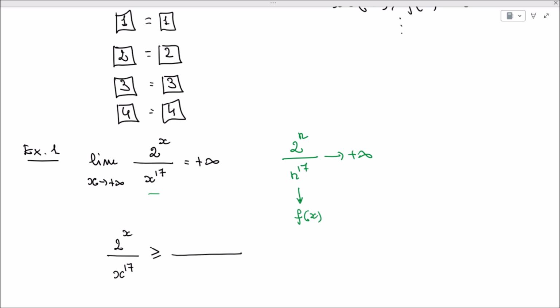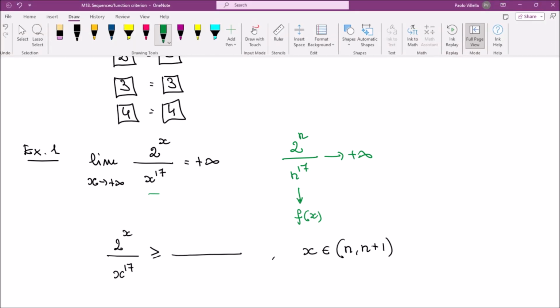Now, how can we build a fraction that is smaller? Well, we need a smaller numerator and we need a larger denominator. Now, if we assume that we have x that belongs to the generic interval n, n plus 1, remember what was the idea of the piecewise function.